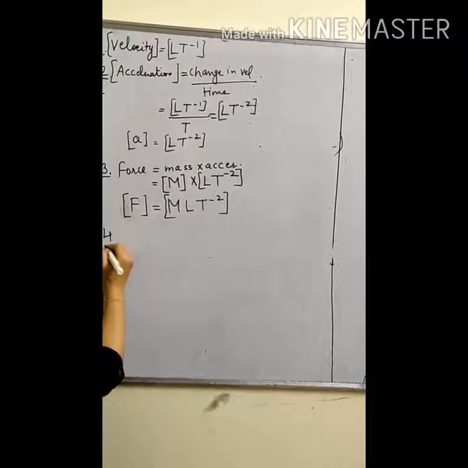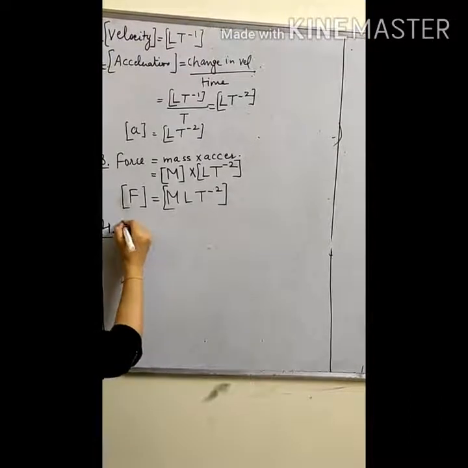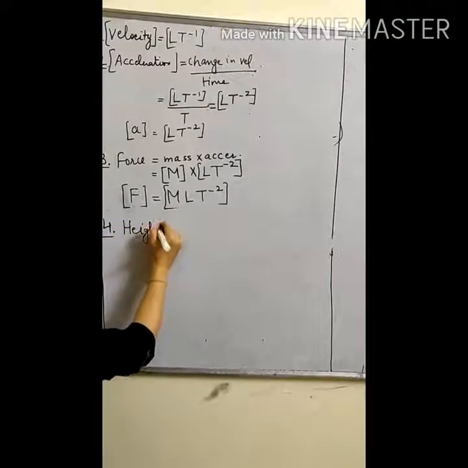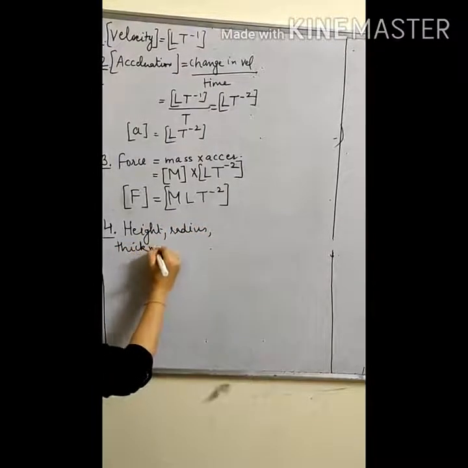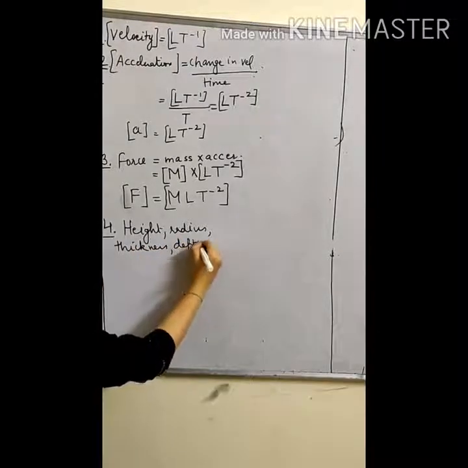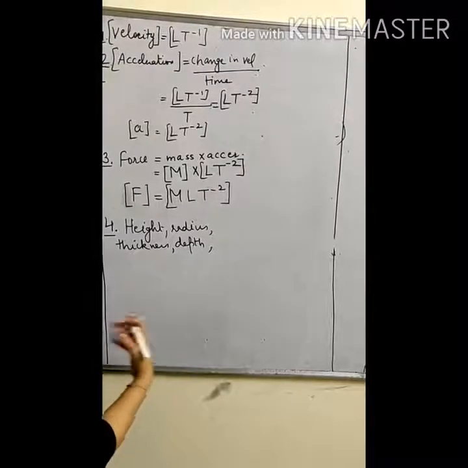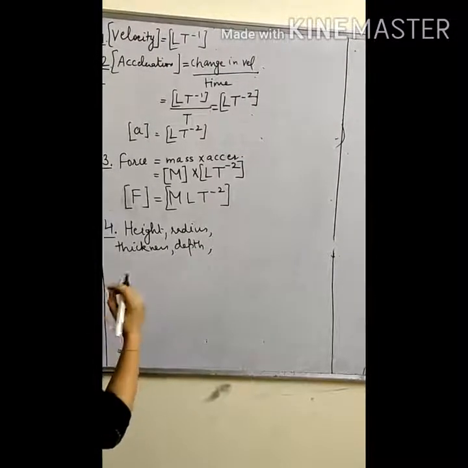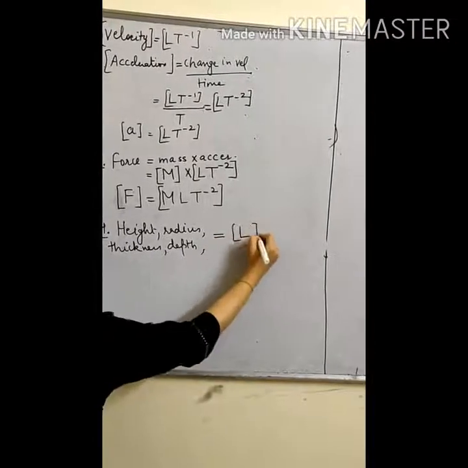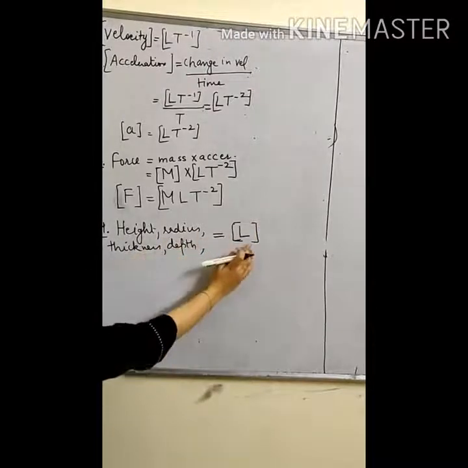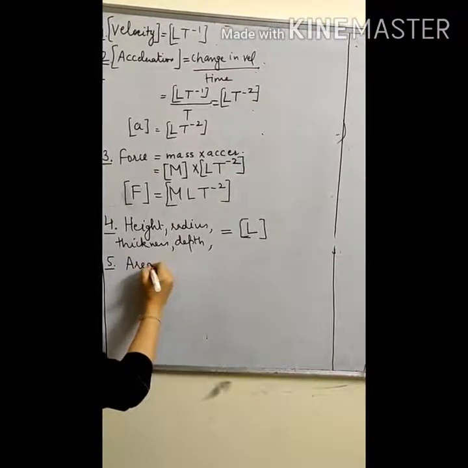Then coming to the fourth quantity, we might go back to the basic quantities. Like if I have to write the dimensions of height or radius or thickness or length, breadth, height, width, they all are measured with the help of a ruler. Anything that is measured with the help of a ruler has the dimension L. Now the next quantity is called area.